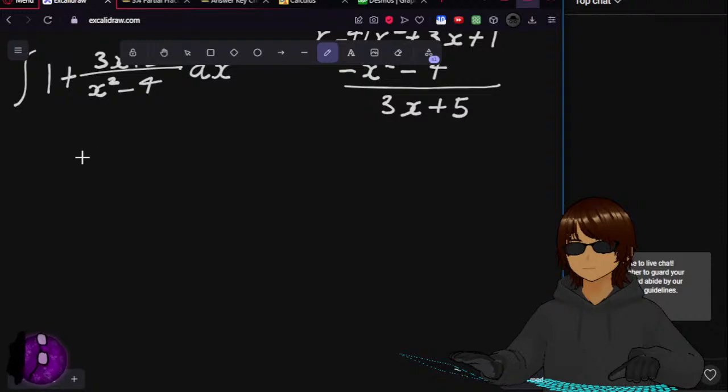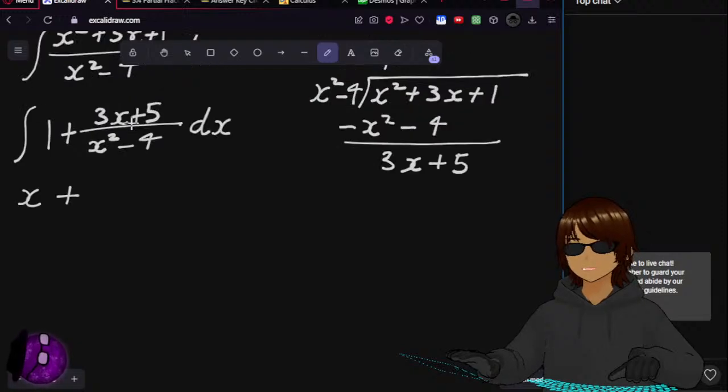And then this becomes x. Over here I have to use partial fractions.